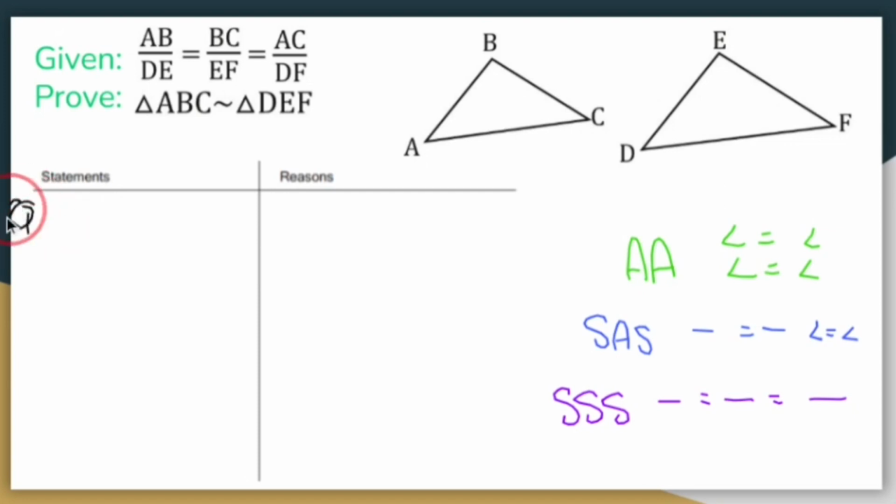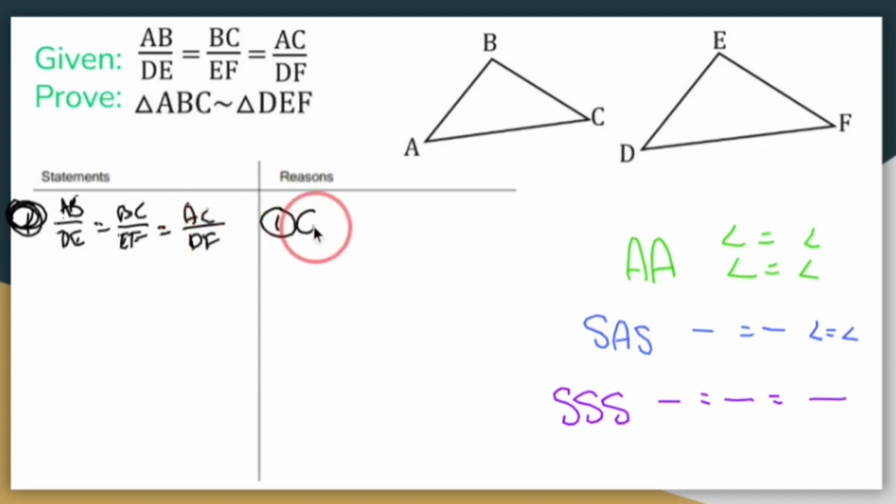Step 1: AB over DE equals BC over EF equals AC over DF, given. Oh, look.